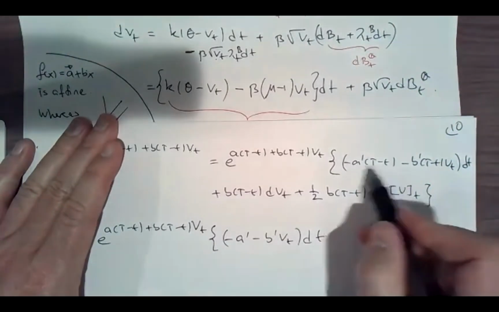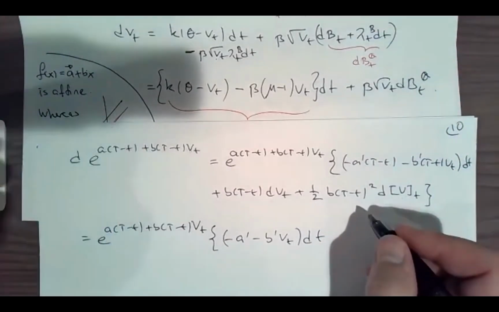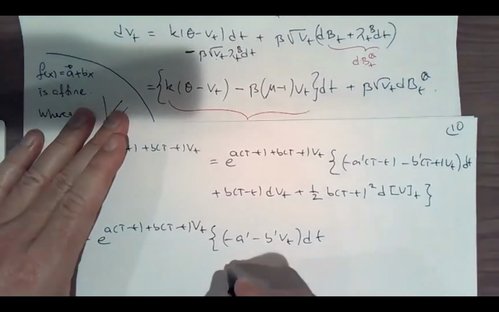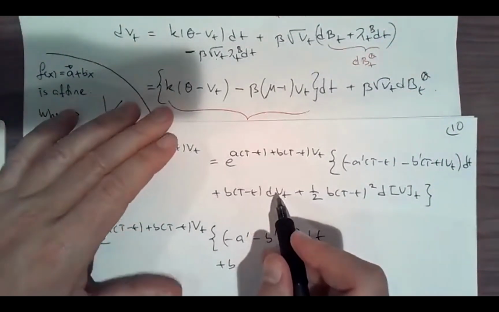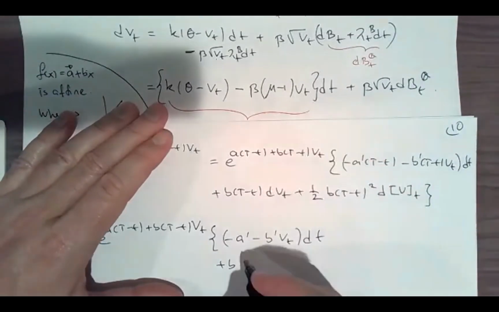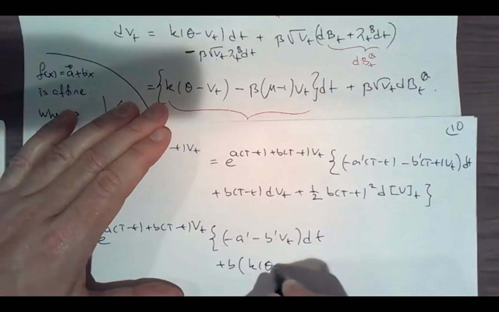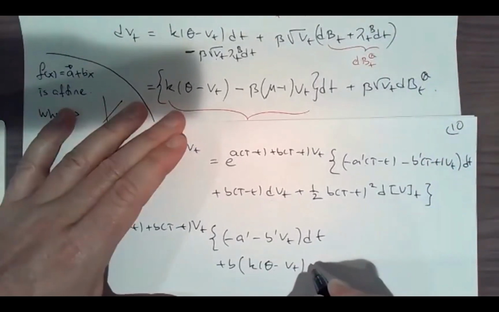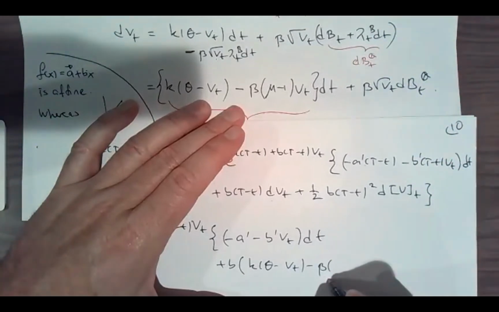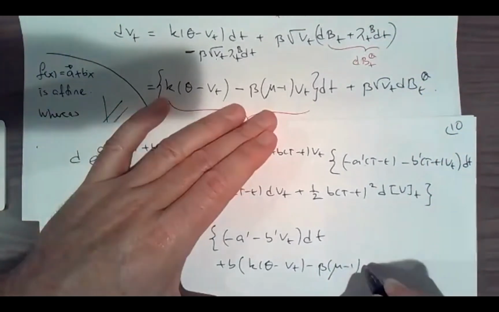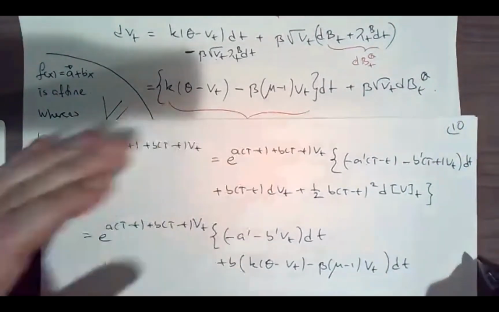I'm being lazy now, I don't put in the T minus t, plus b, and then dv is something long. It was that thing up here: kappa theta minus v_t minus beta mu minus 1 v_t, everything dt.